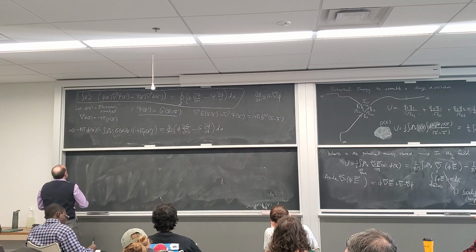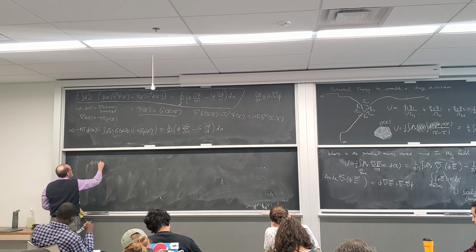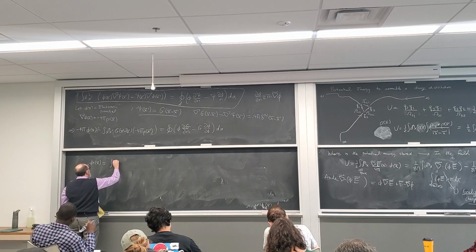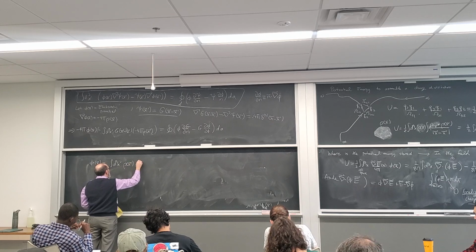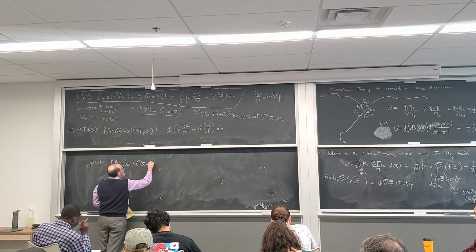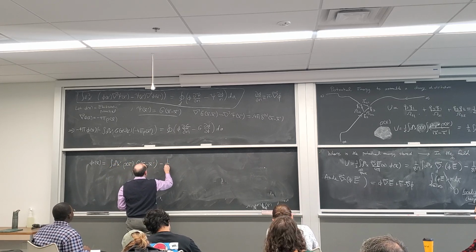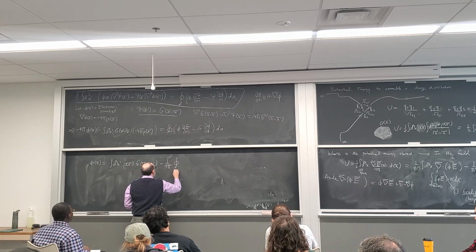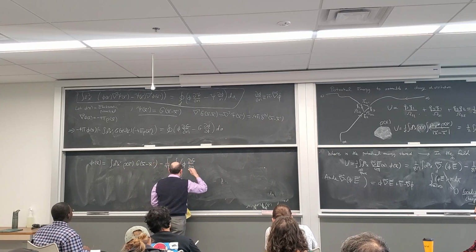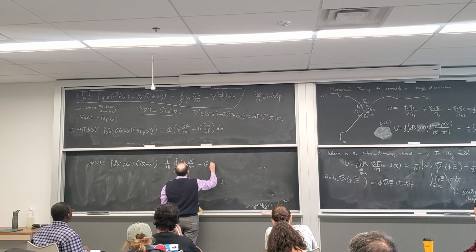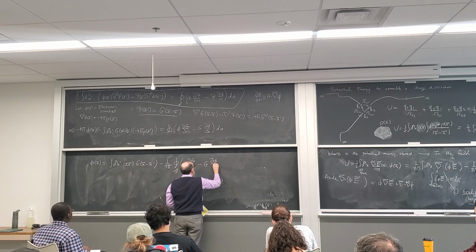This tells me that the potential at position x is equal to the integral of rho of x prime times G of x minus x prime, minus 1 over 4 pi, the integral over the surface of the potential at the surface times the normal derivative of the Green's function at the surface, minus the Green's function times the normal derivative of the potential.